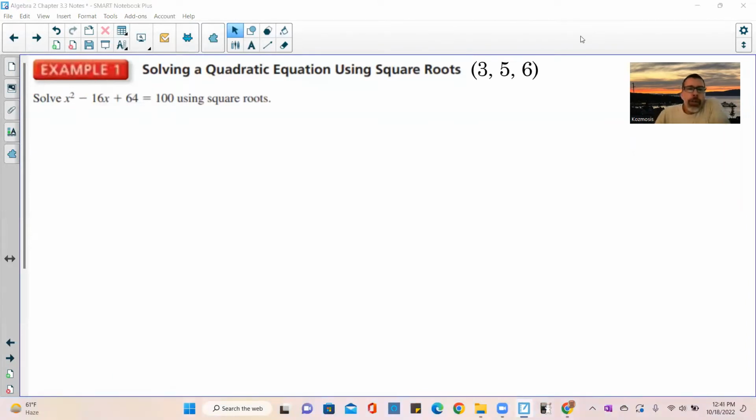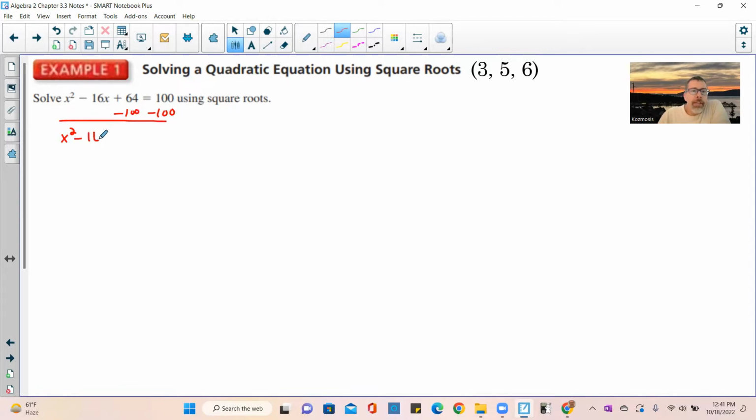Okay, example 1. Solving a quadratic equation using square roots. So I'm going to show you this two different ways, and let's start with the way we normally do it. We want to get 0 on this side. So if I subtract 100 from both sides, I get x squared minus 16x minus 36 equals 0.